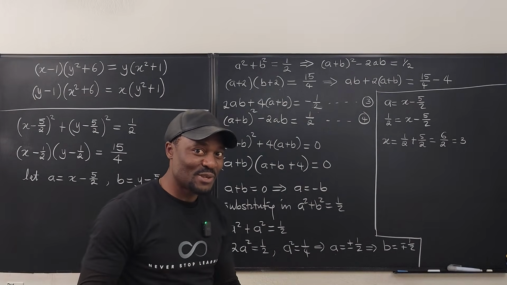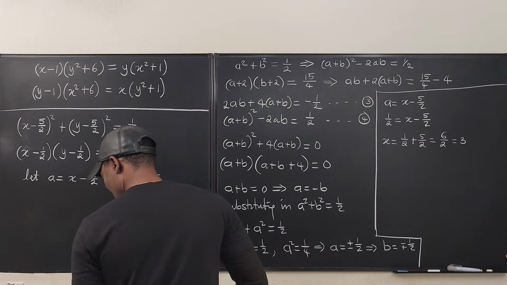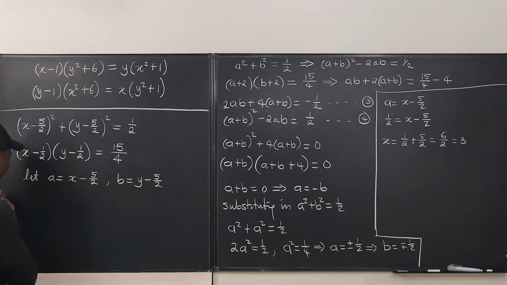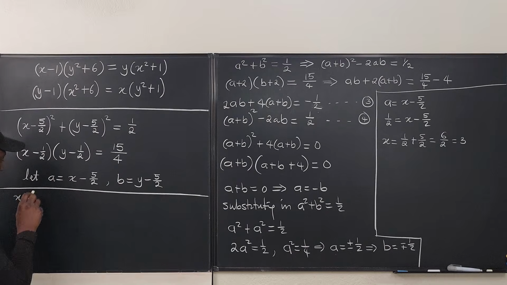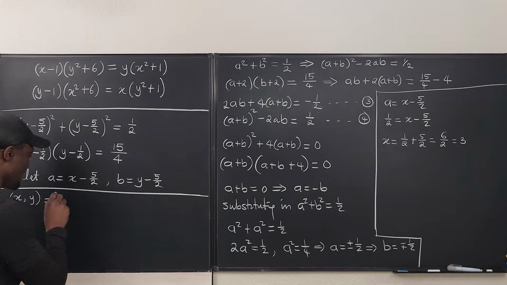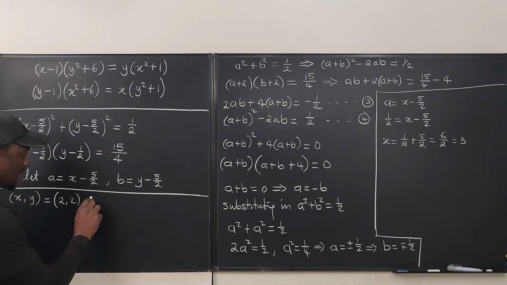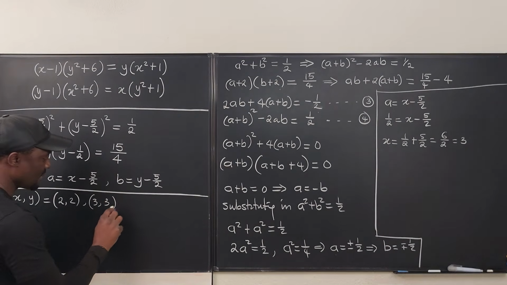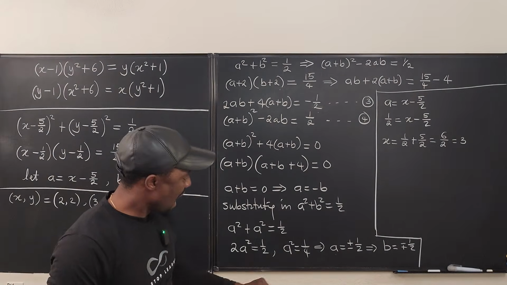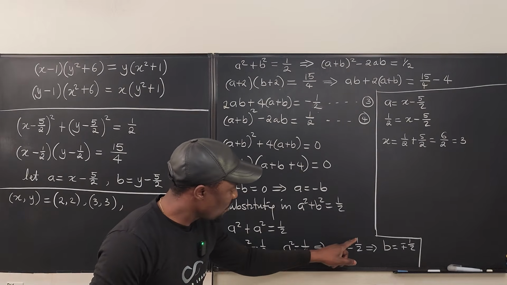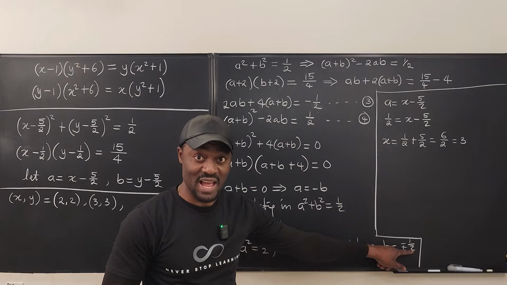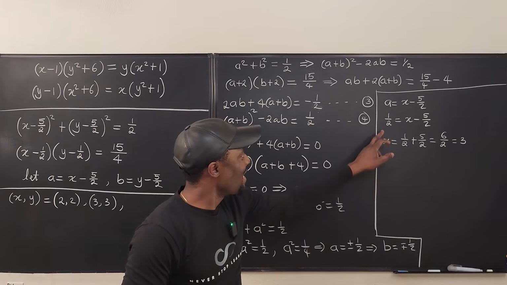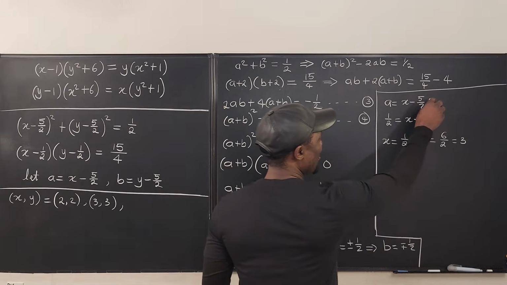So another set of solutions, I think we have to write out all the solutions. Okay, let's write them all out here. So x comma y will be equal to, the first ones we got were 2 comma 2. We also got 3 comma 3. And what else did we get? And when a is 1/2, b has to be negative 1/2.